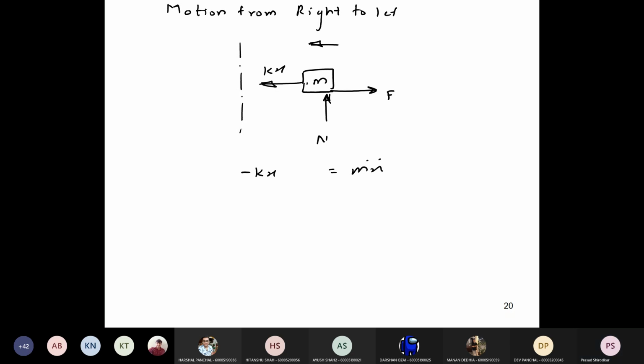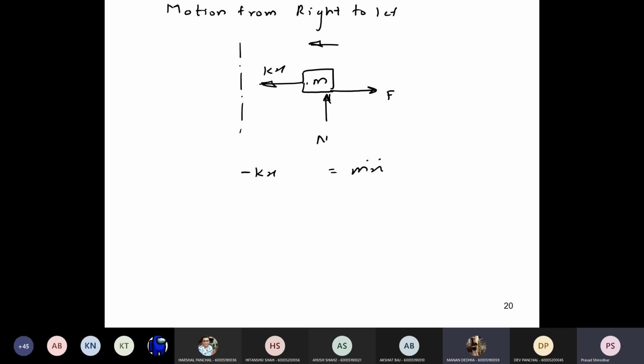Now, if I add friction, then what happens to this equation? So minus kx minus mu, plus mu N. See, the friction will be acting opposite the motion.